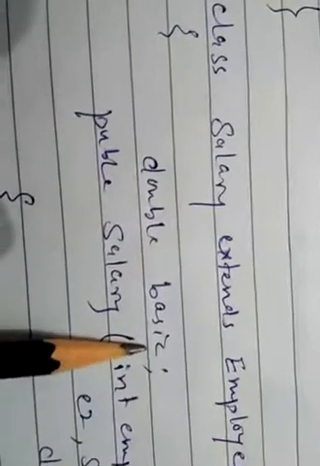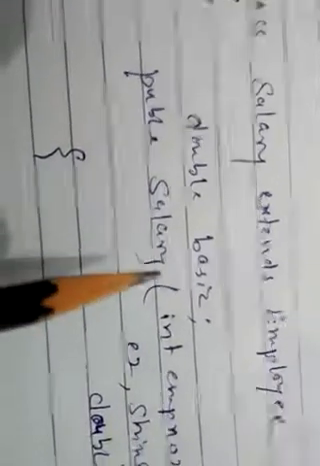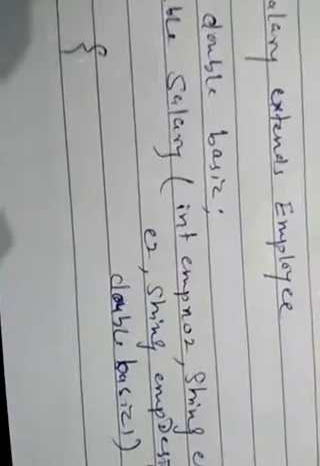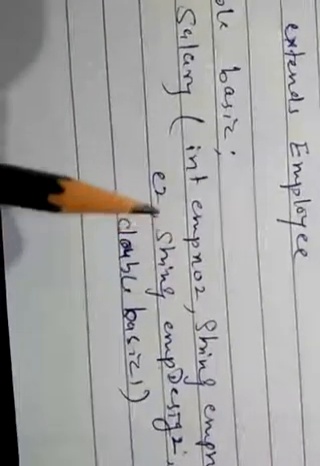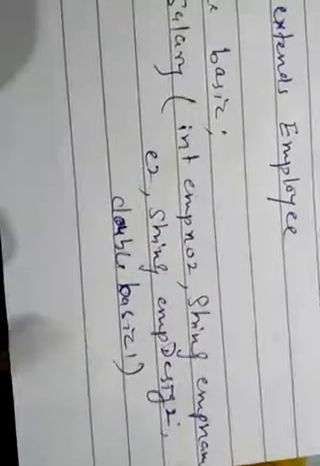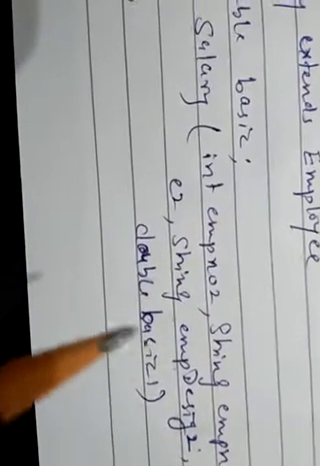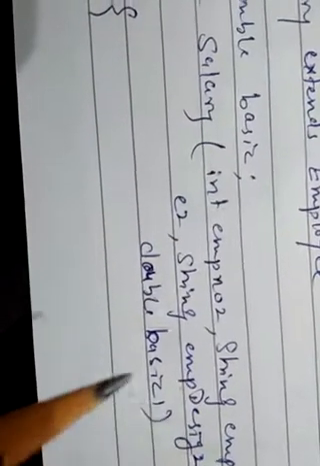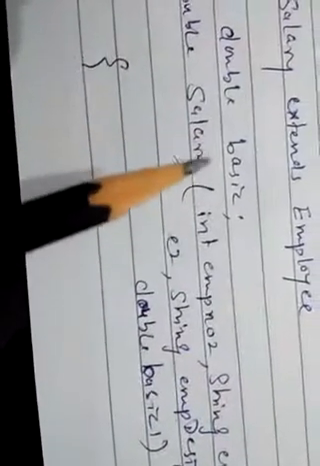Employee is the base class for Salary, and this class contains one data member, basic, whose data type will be double. Now the parameterized constructor of Salary: we will take four parameters, because the first three, employee number, employee name, and employee designation, are required for its base class, and the fourth is double basic 1, for the basic data member.